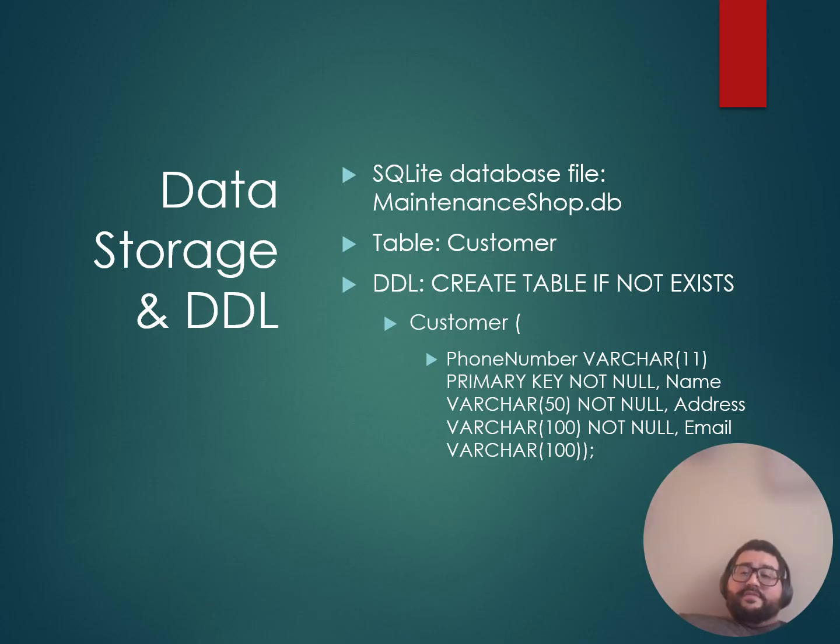Then we have our primary key, which is going to be our phone number, and it's not null, so it has to be filled in. Our name is limited to 50 characters, and it cannot be empty. Address can't be empty, and our email, which are both set to 100, it's optional.